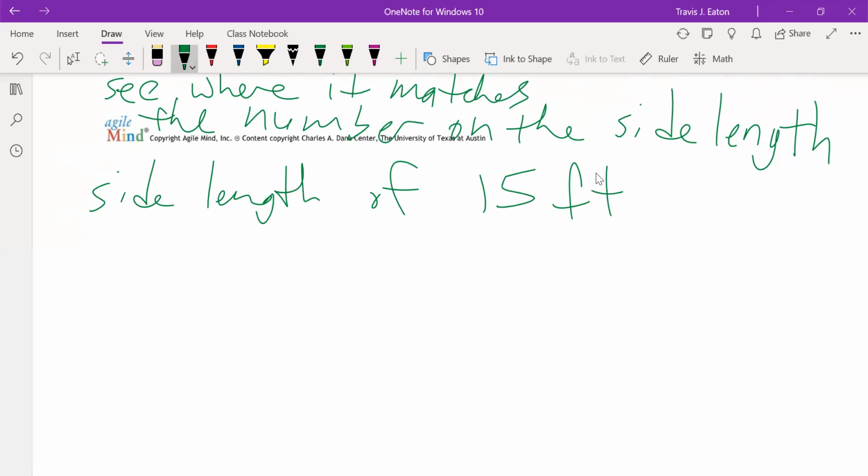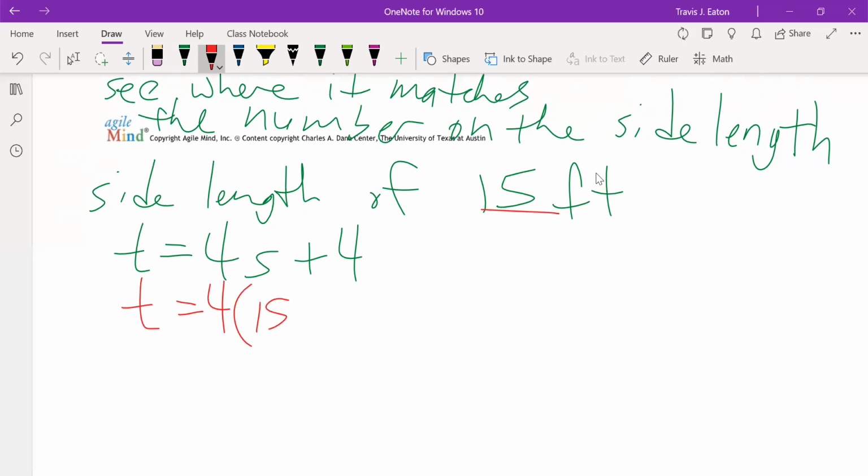Well, remember, we're going to take that same formula. T is equal to 4 multiplied by S plus 4. And S represents the side length. So T is 4 times the side length of 15 plus the 4 corners. 4 times 15 would be 60, plus the 4.